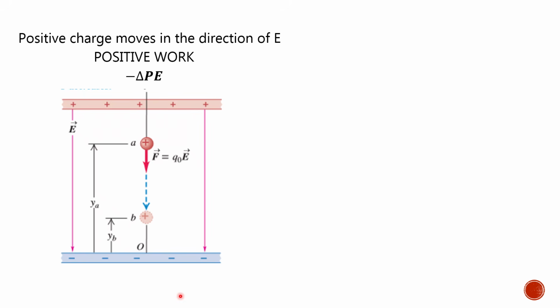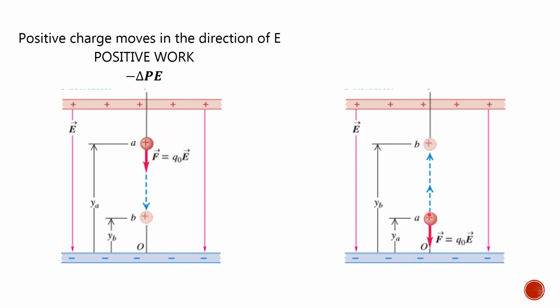If the movement is from low potential energy to high potential energy, it goes opposite the direction of the electric field. From the previous lesson, for a positive charge, the arrow for the force is the same as the electric field.